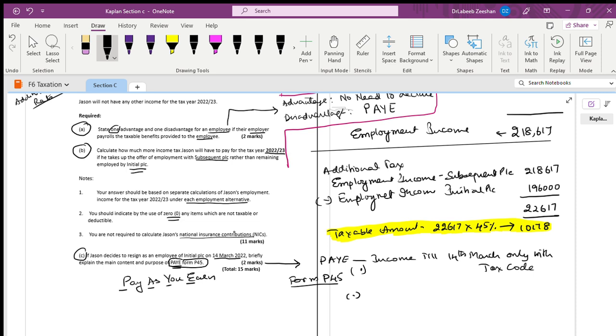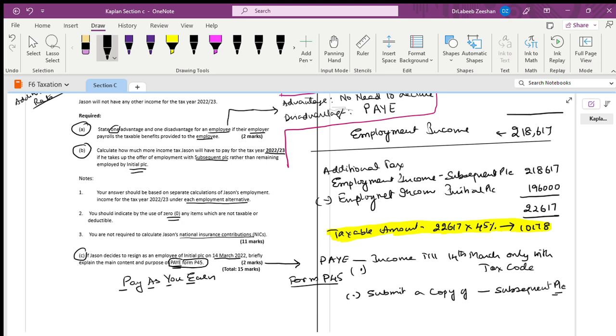You have to submit a copy of the form to the new employer, subsequent PLC.